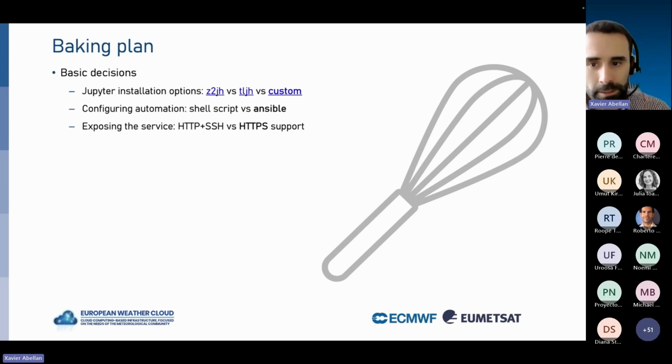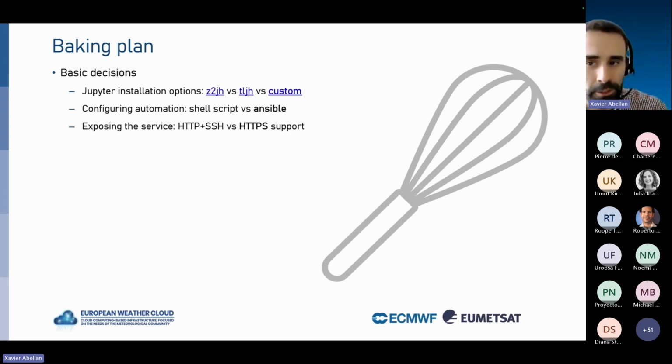For example, there's the Zero to JupyterHub project, which allows you to deploy JupyterHub on a Kubernetes environment, aimed at bigger installations of Jupyter, catering for many users. Not the case here, and probably too complex to show in a one-hour webinar. So we will not use that one.